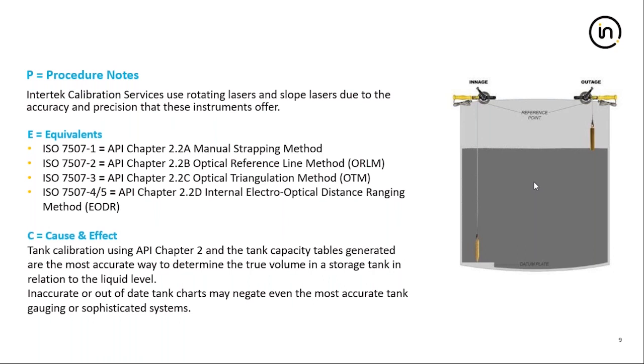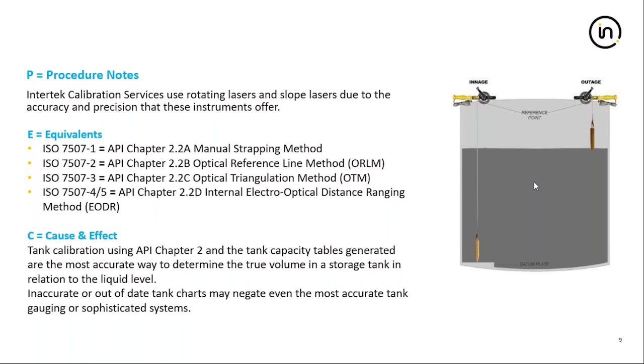You also have to consider that what you are doing is correlating a length measurement, a measurement in one dimension, to a true volume in the storage tank. That's a three-dimensional measurement.